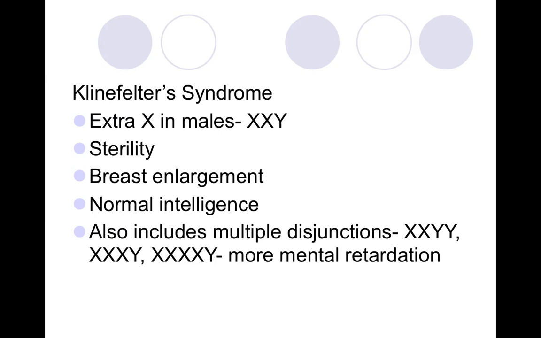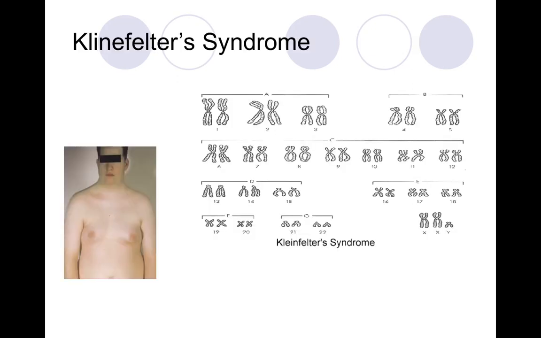But as the number of X's and Y's change and get more than just that XXY, you can get more disability in the mental aspect of the person. So that's Klinefelter's. And this is what the karyotype looks like. If you go down here, first of all, you can tell that the Y is really small there, but you have 2 X's there when you look at the bottom right where the sex chromosomes are.